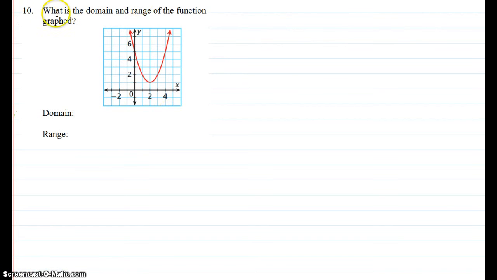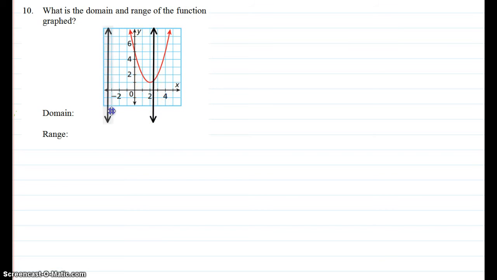All right, for number 10, what is the domain and range of the function? To find the domain, I like to imagine I have a vertical line here, and we just slide it across the x-axis, and we want to see when it touches the graph and when it doesn't. Remember that this is a parabola that opens up, and so it actually expands out.